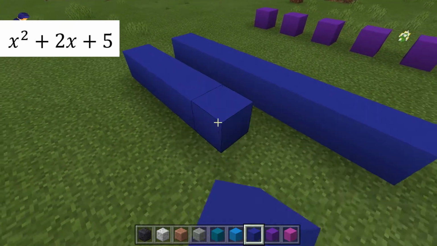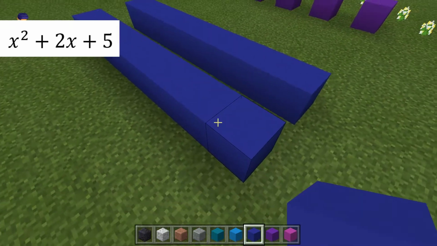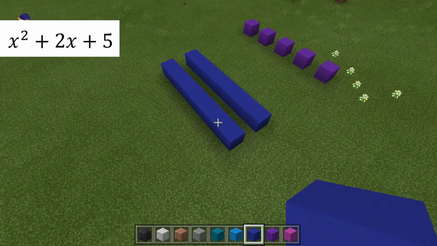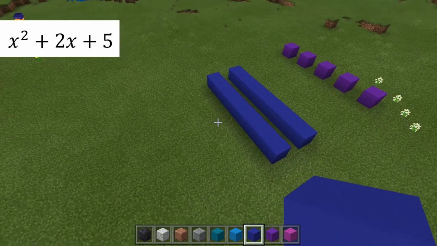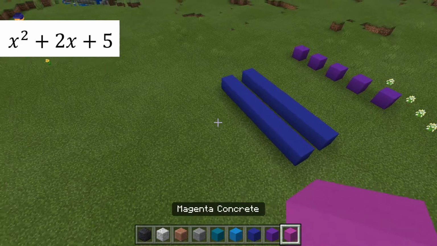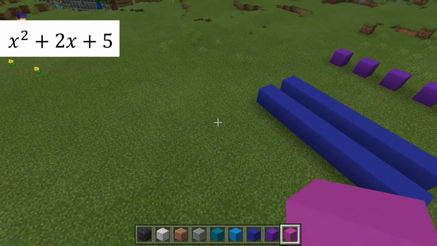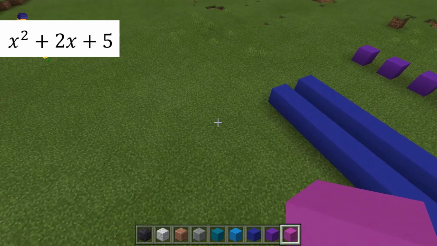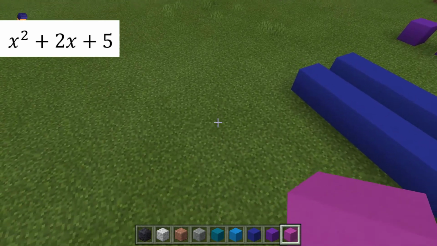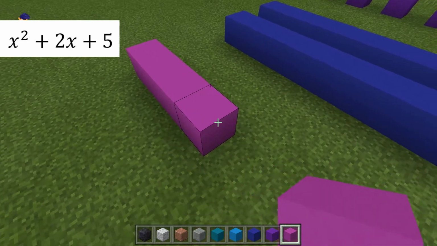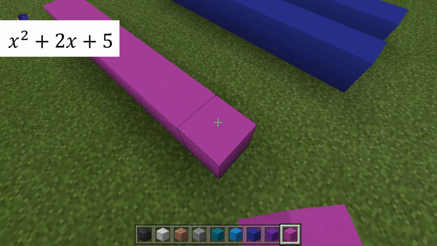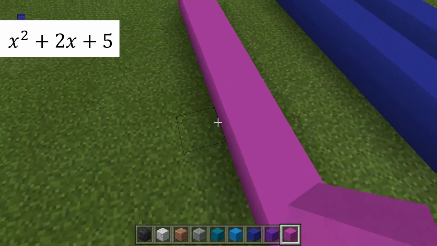And it would be the same size because we're saying we have 2 of the same thing, 2 x blocks, basically. Now we need to do x squared. And so what happens when you do x times x, or if we wanted to think of it like a number, like 2 times 2, this is where we can visualize like what I talked about in the previous 2 videos of having perfect squares.